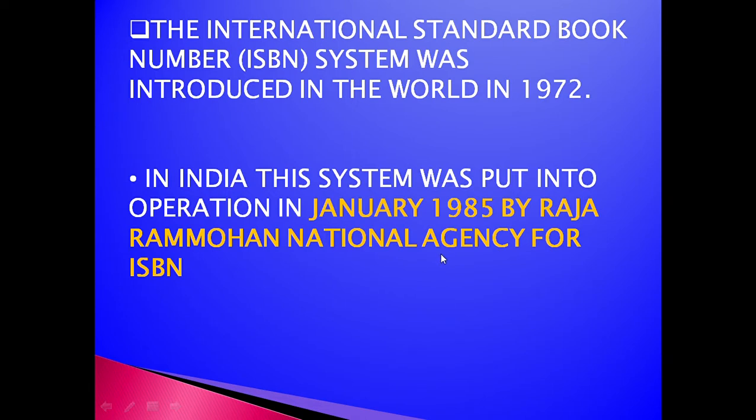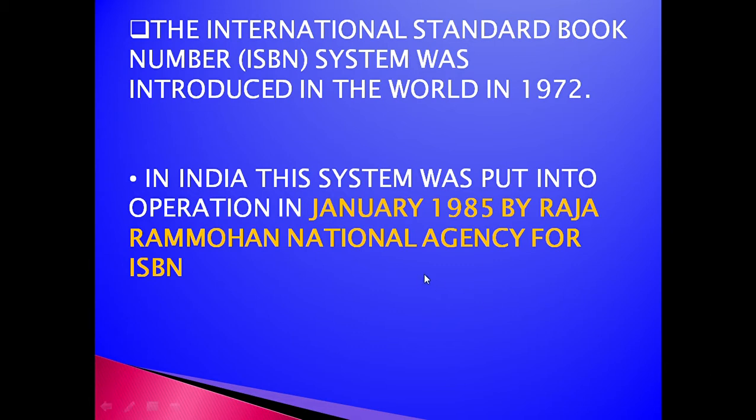Where it was introduced first in India: the ISBN office in India was set up in 1985 by Raja Ram Mohan National Agencies for ISBN. Still now we can see this company. This company was in charge of ISBN agencies.